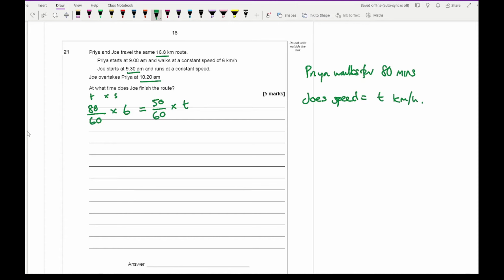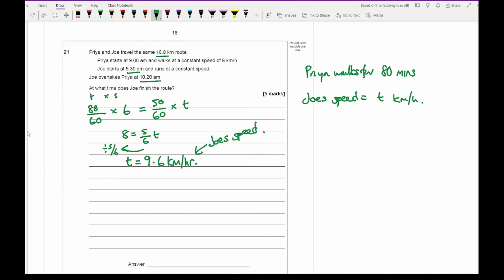So if I then work this out and just do some rearranging, we find that we've got 8 equals 5 over 6 t. So take the 5 over 6 over to the other side by dividing by 5 over 6, and we get that t equals, which is probably not the best letter to use because obviously t can simplify as time, but we get 9.6 kilometers per hour. So that is Joe's speed.